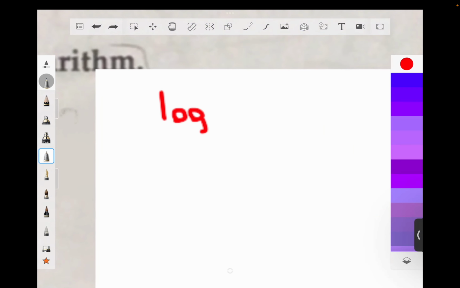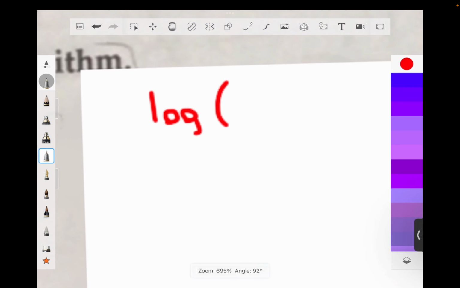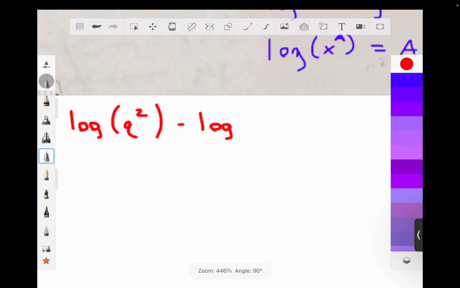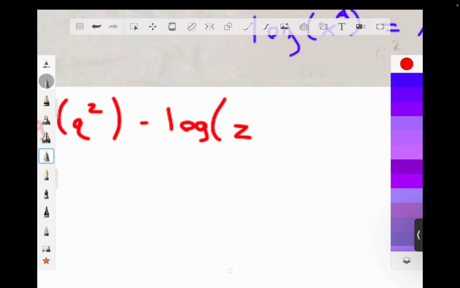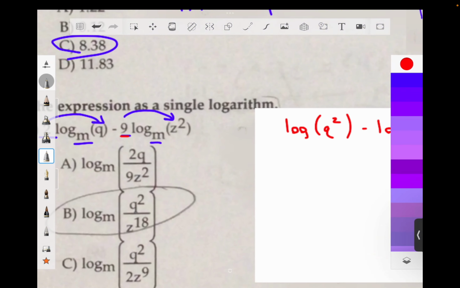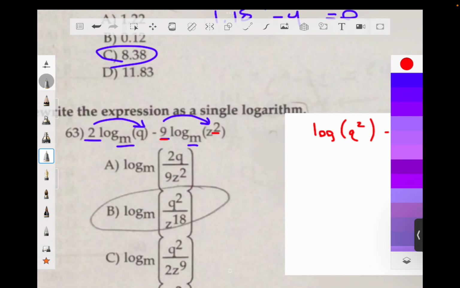So log, this is q squared minus log z squared times 9. Because you're multiplying this 9 with this 2, so that becomes 18.